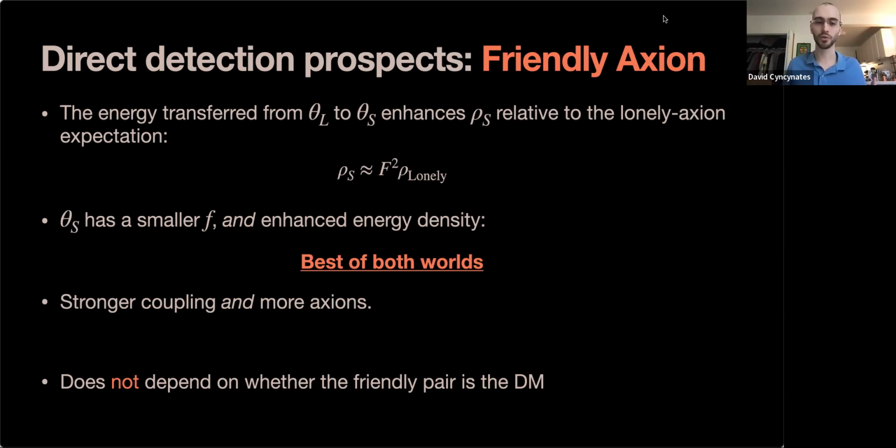You get the best of both worlds. You get the strong coupling of the small decay constant, and you get the more axions coming from the larger decay constant. This means that you get enhanced direct detection prospects. And importantly, these enhanced prospects are independent of whether the friendly pair is all of the dark matter or a small subcomponent. So if you have a friendly pair in your theory, you will get enhanced direct detection prospects.